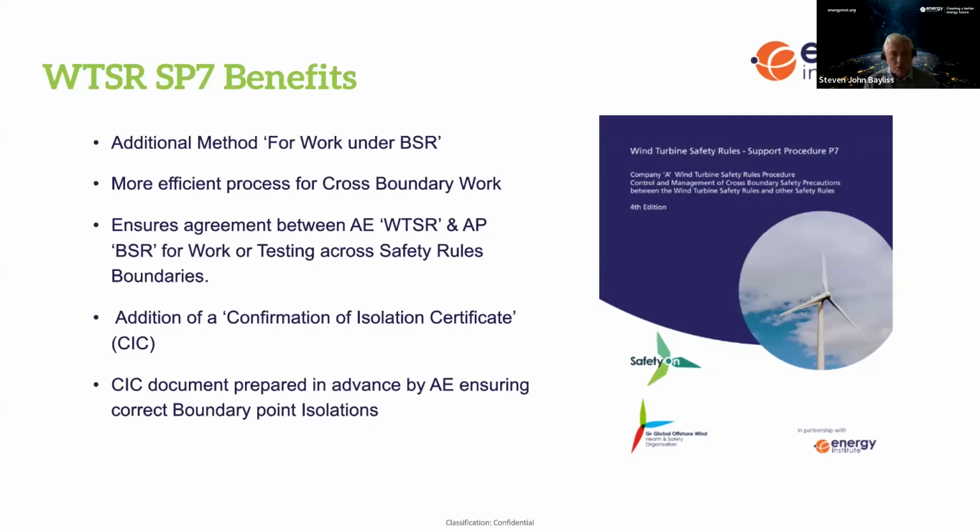It ensures agreements between the AE and the AP for work or testing across safety rule boundaries. And again, this document adds a confirmation of isolation certificate, the CIC. This has already been in place within some members of the OSRG group anyway, so some companies have followed this previously. So this is something that is a worked example anyway.